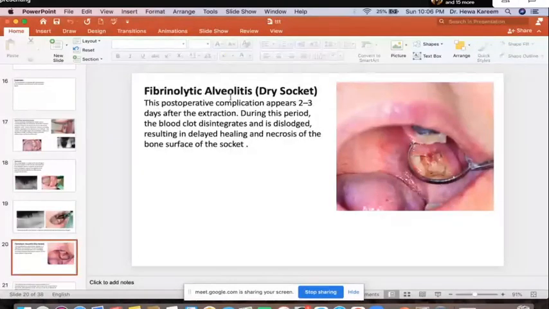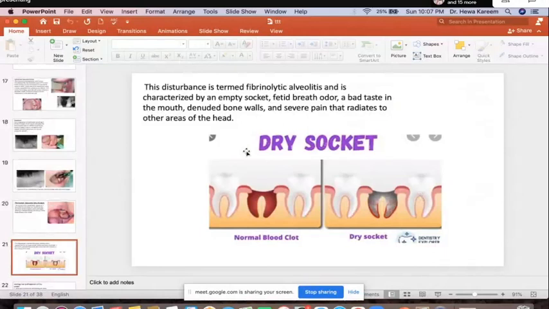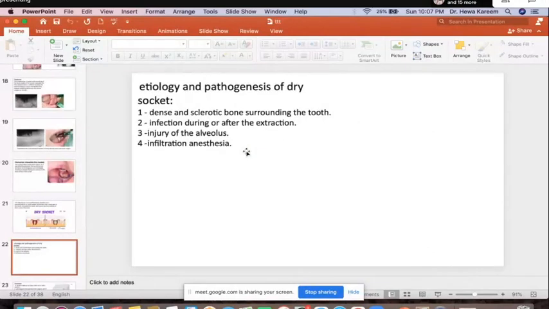This is very important: dry socket. This complication occurs 2 or 3 days after extraction. During this period, the blood clot disintegrates and is dislodged, resulting in delayed healing and necrosis of the bone surface of the socket. Etiology.